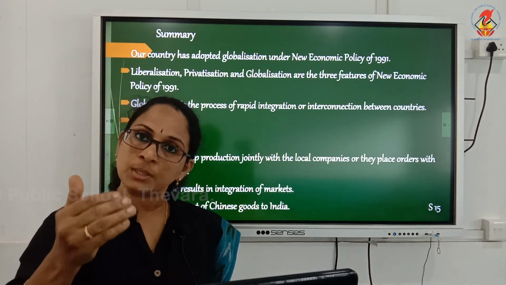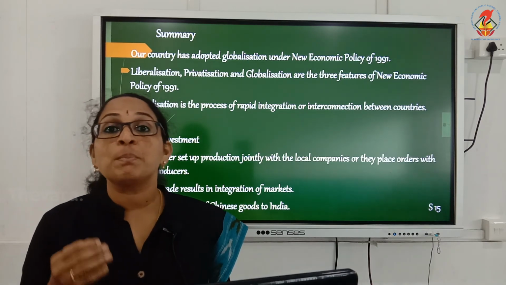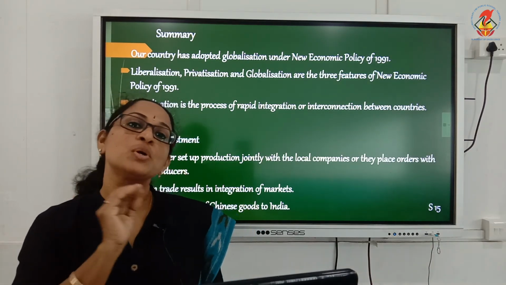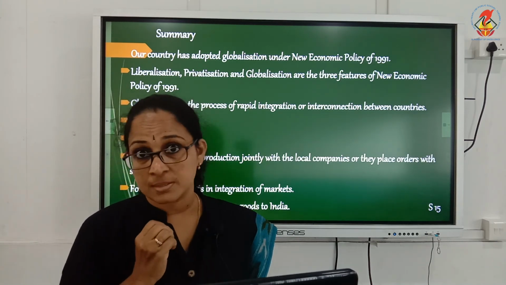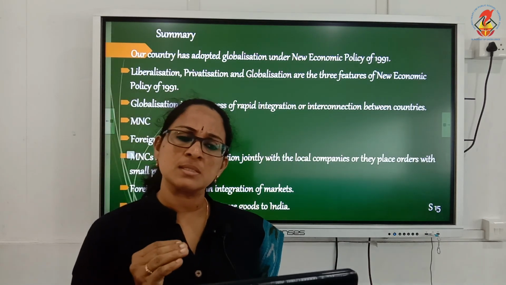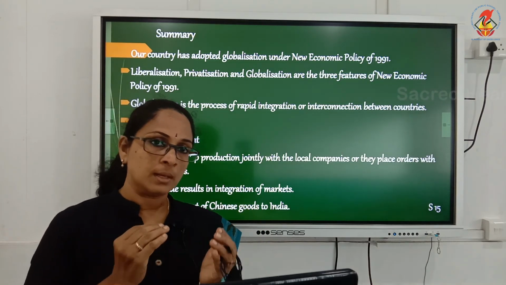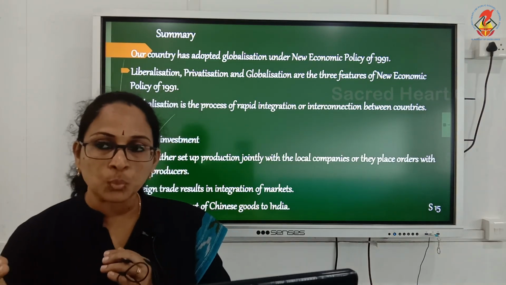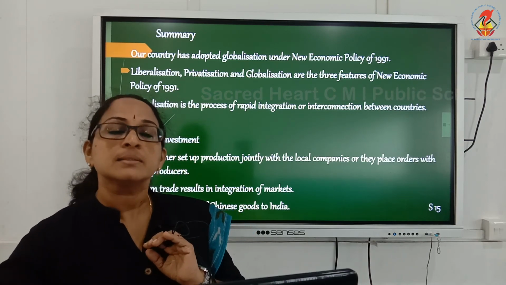Ownership shifted to Cargill Foods, children. And the second one, place orders with the small producers, mainly for sports items or garments. MNCs are supplying raw materials and placing orders. After making the product, these small producers hand it over to the MNC and they will sell it under their brand name.